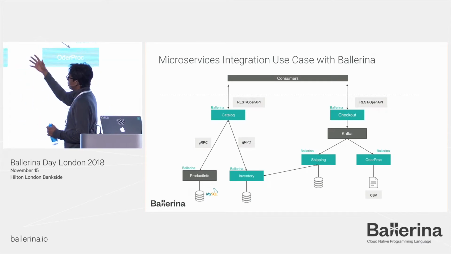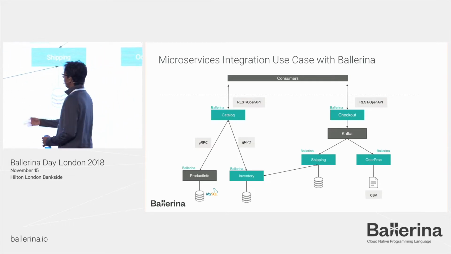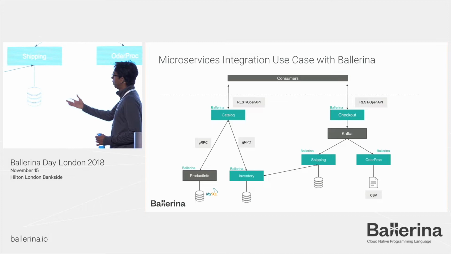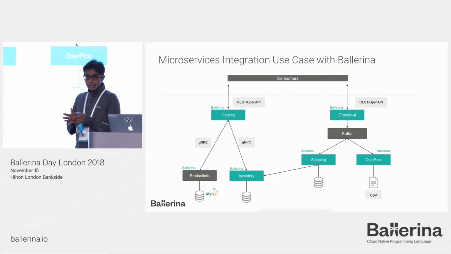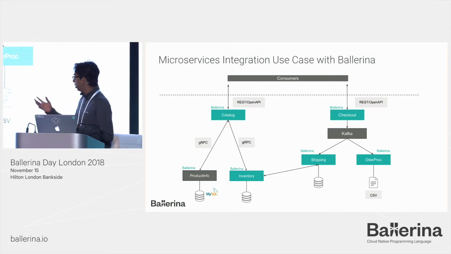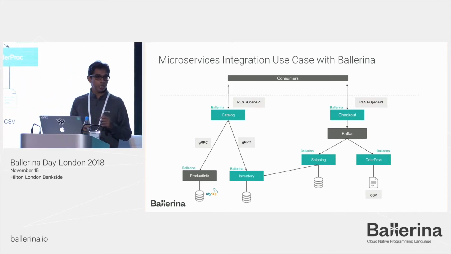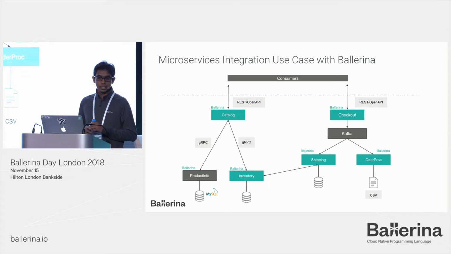The catalog service actually talks to two other services. Here we have the product info and inventory services. For internal microservices communication, gRPC is most commonly used because you need to have high-performance inter-service interactions within the enterprise.